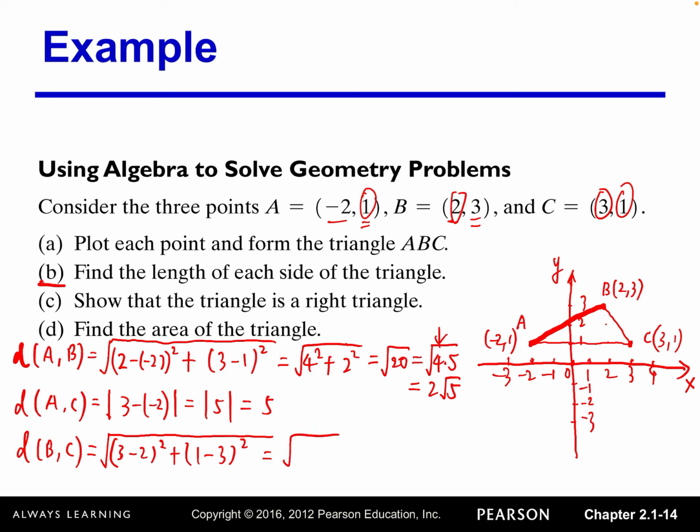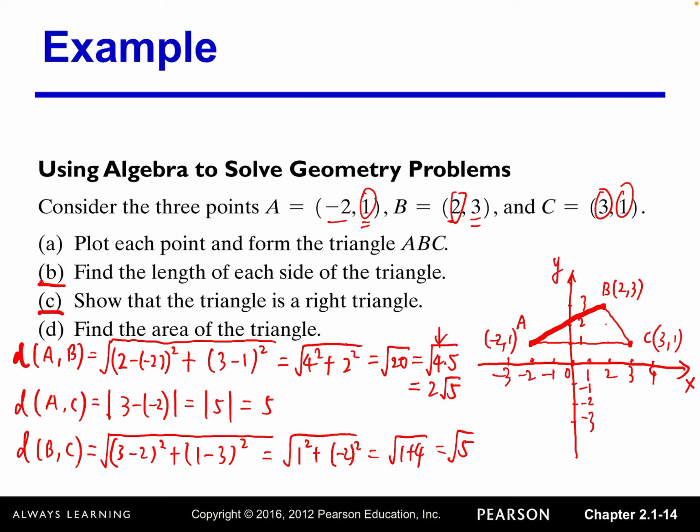So that's square root of 1 squared plus -2 squared, which is square root of 1 plus 4, that's square root of 5. So the distance AB equals 2 square root of 5. Distance between A and C equals 5. Distance between B and C equals square root of 5.